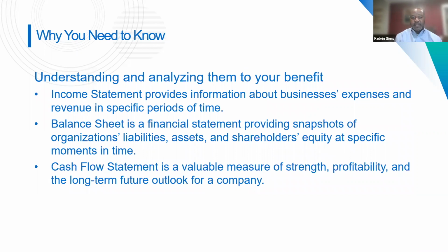So the three things that we really need to understand from a business standpoint are: one, the income statement. This provides the information about the business expenses and revenue at a specific time. Like we talked about earlier, this is ending periods, usually when these statements are created.